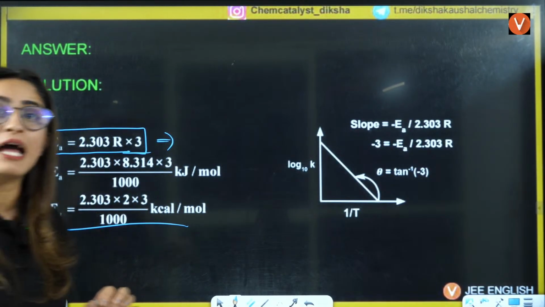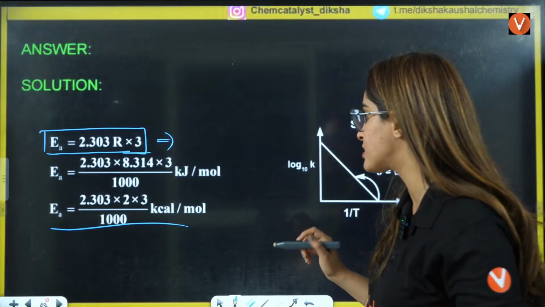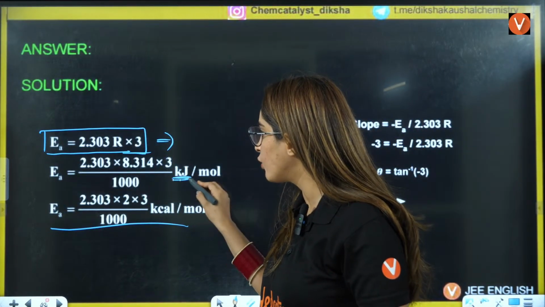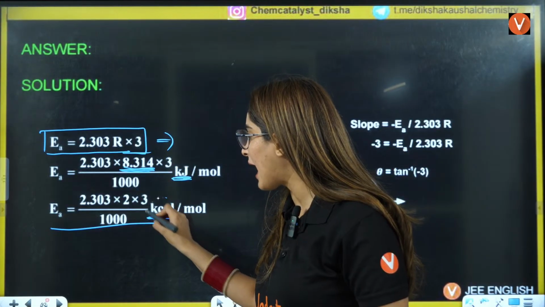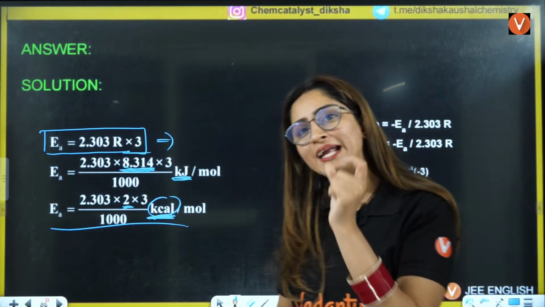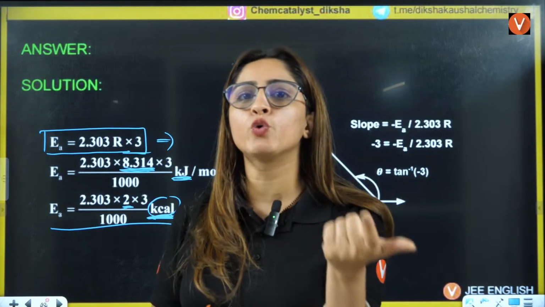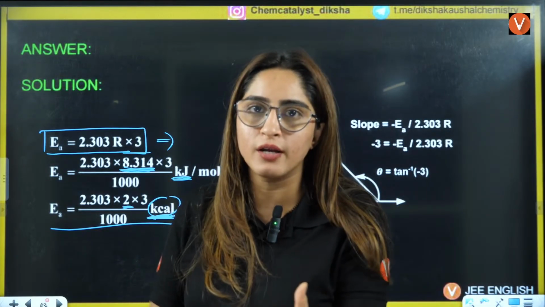Now that depends on what they have given you in the question. Let's say they have given you in joules, you will put R as 8.314. If they have given you in calories, you will put it as 2. 0.0821 is used when you have litre, volume, pressure in the formula.